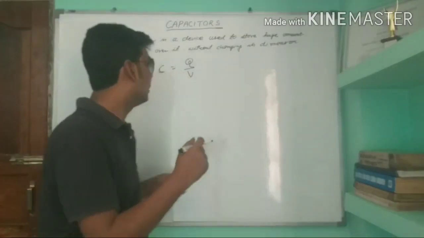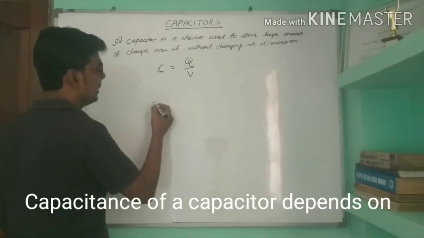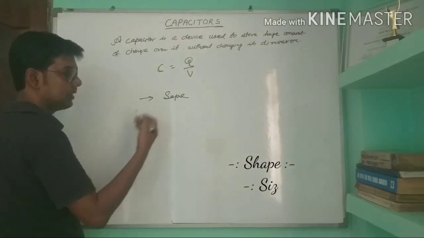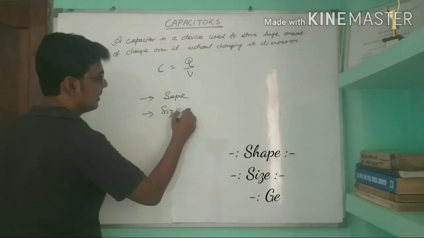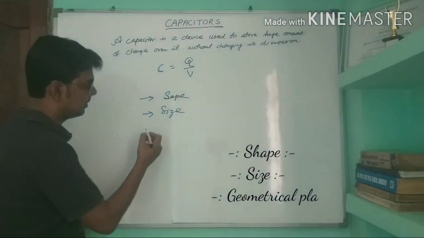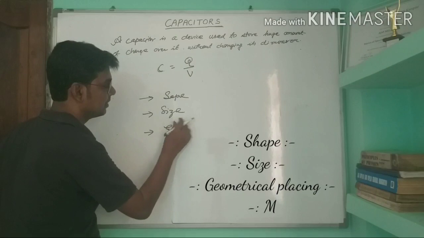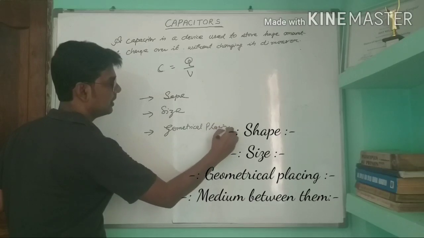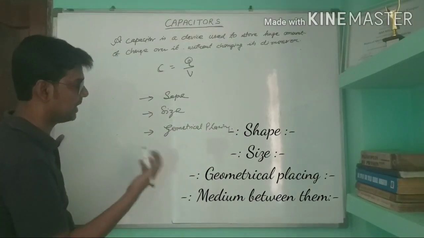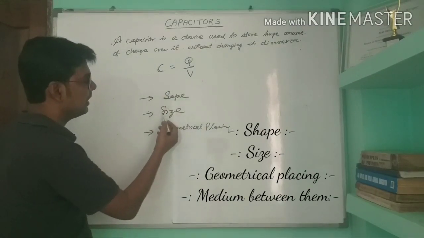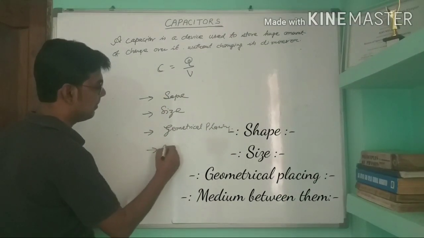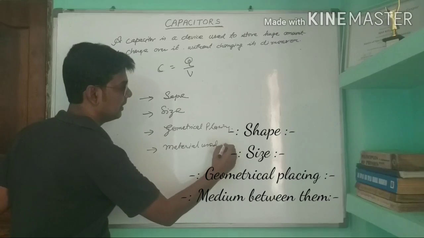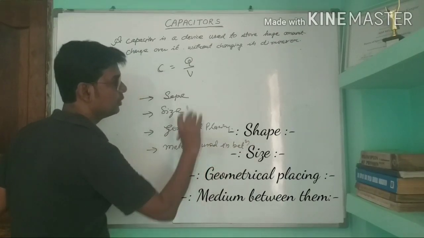The capacitance of a capacitor depends upon the shape of a plate or the conductor, size of a conductor, geometrical placing, where the conductor is placed, and the material used in between two conductors.